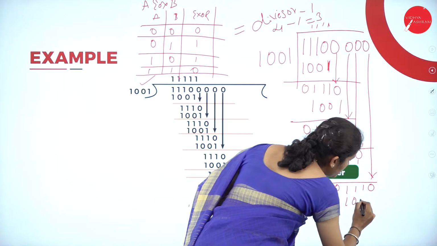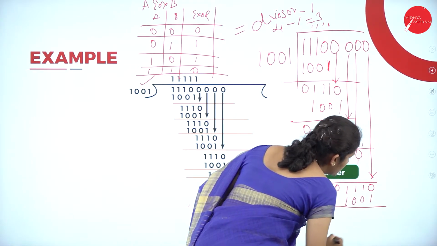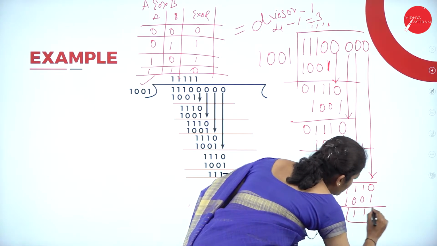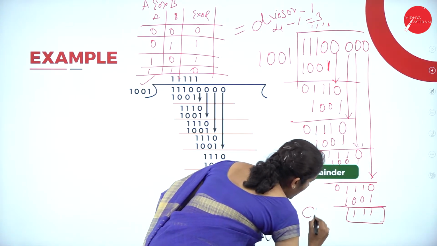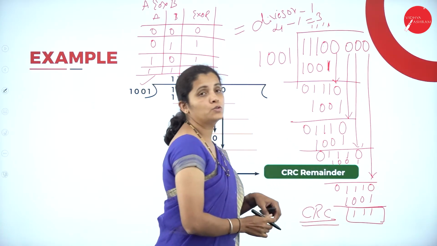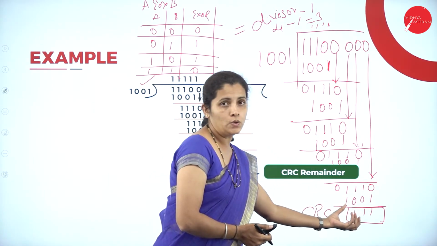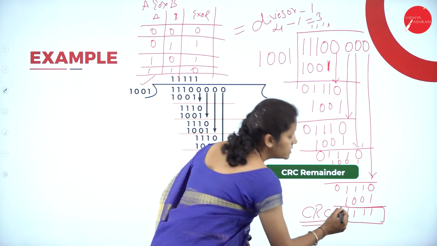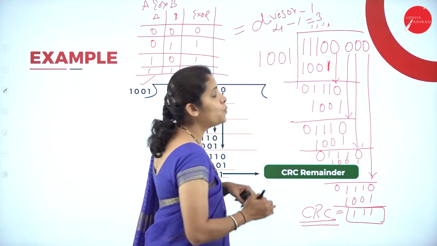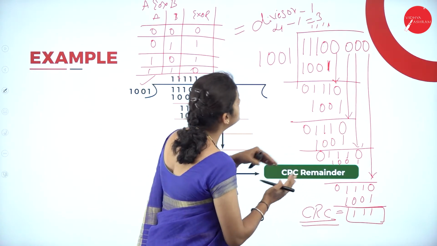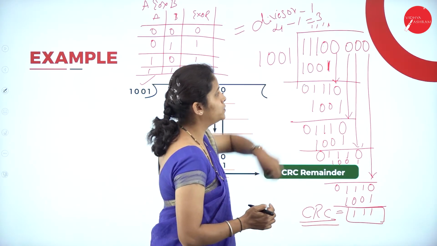It is 1, 0, 0, 1, so it is 1 1 1. This is my CRC value. The last value I get is my CRC value. What I will do is append this CRC value to my actual data.